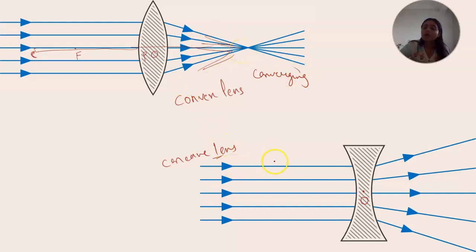But the concave lens is diverging the light. This is the major difference. But with spherical mirrors, the concave mirror converges the light and the convex mirror diverges the light. So it's vice versa.